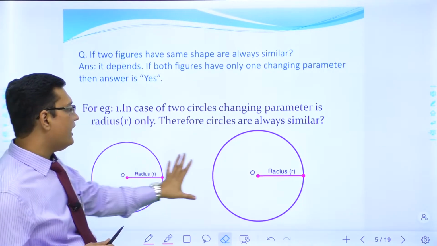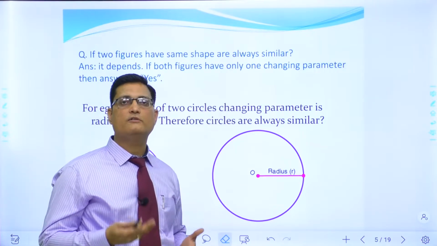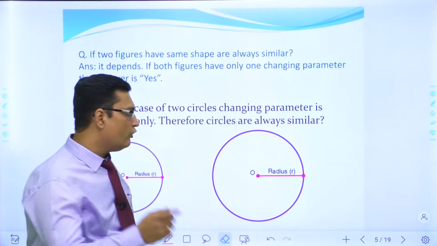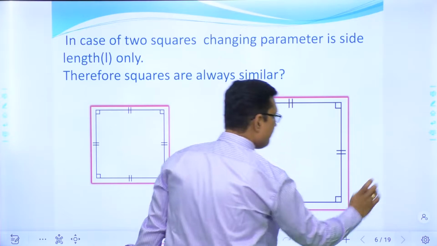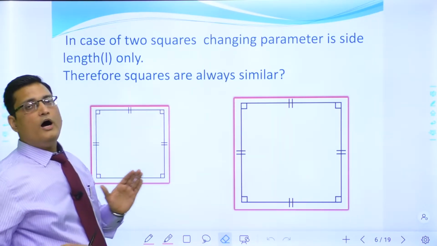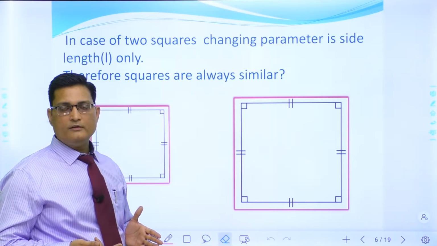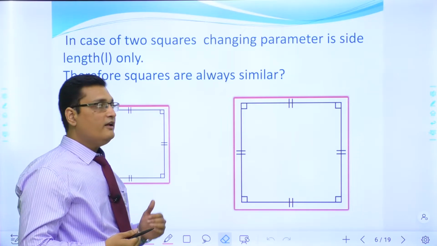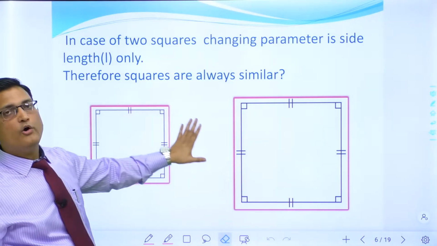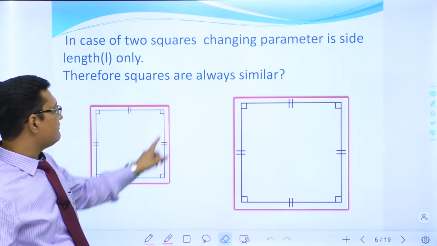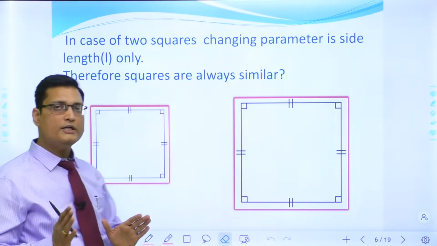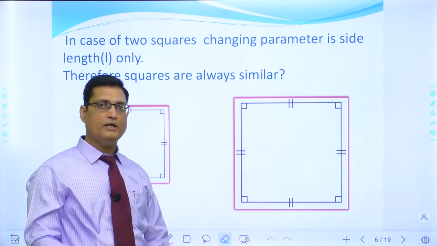So you can say that all circles are similar. Now let's go to the next figure: are all squares similar? Again, it depends only on one parameter, that is the side length. That's why all squares will be similar.